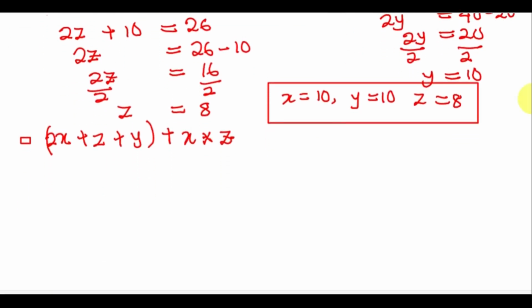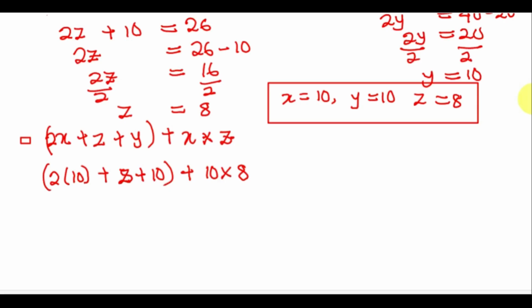So we have 2 multiplied by x, which is 10, plus z, which is 8, plus y, which is 10, in brackets, plus x, which is 10, multiplied by z, which is 8. So now let's add.